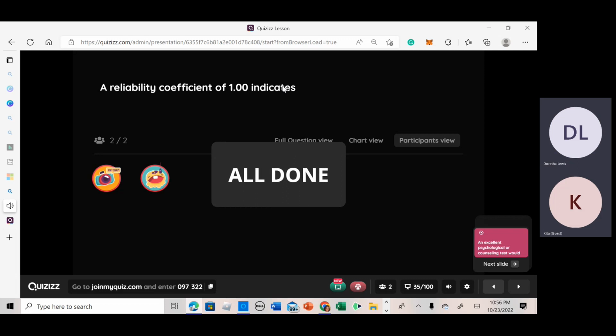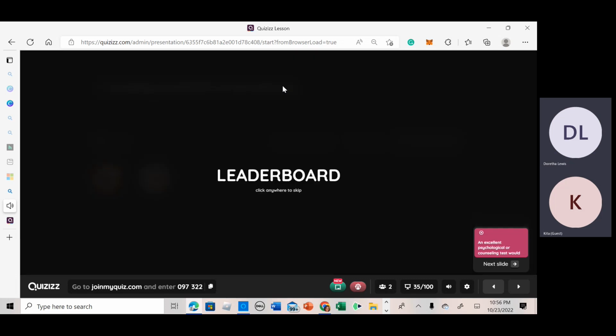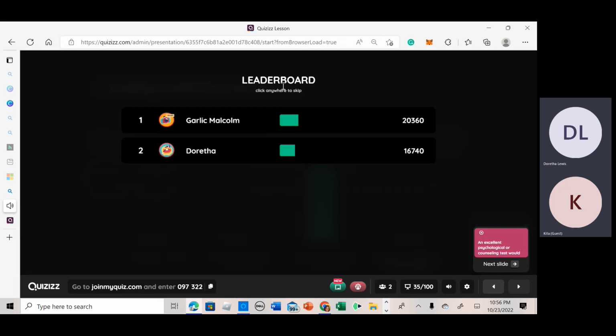A reliability coefficient of 1.00 indicates a perfect score which has no error.